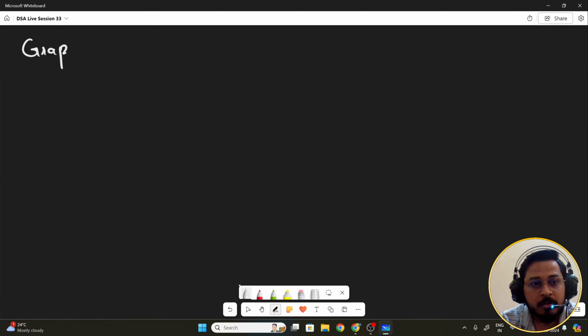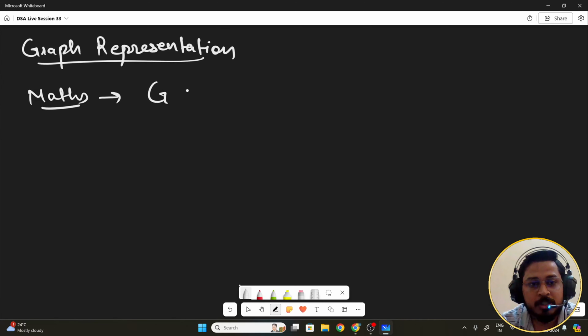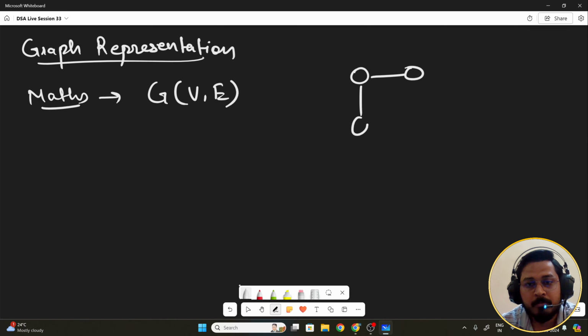graph representation. Okay, guys, mathematically in maths, graphs are represented by G of V comma E. So if this is the graph, then this is going to be G of 4 comma 4.